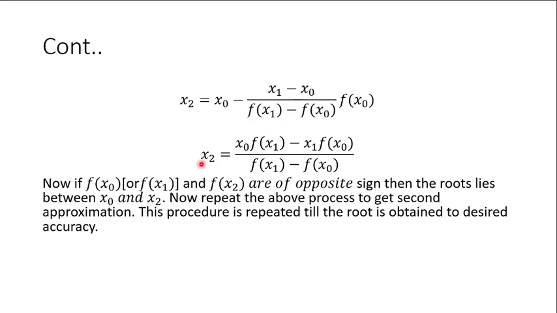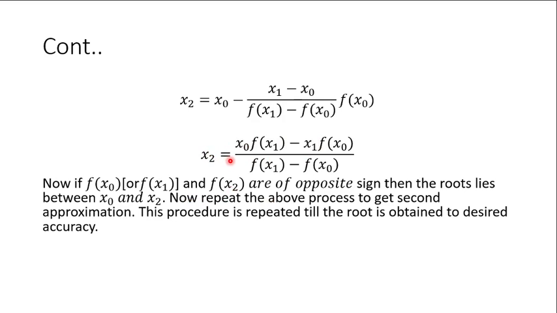Now find the f(x2) value. Suppose it is less than 0 or greater than 0. If f(x0) and f(x2) are of opposite sign, the root lies between x0 and x2. Or if f(x1) and f(x2) are of opposite sign, then the root lies between x1 and x2. Now repeat the above process to get the second approximation x3.